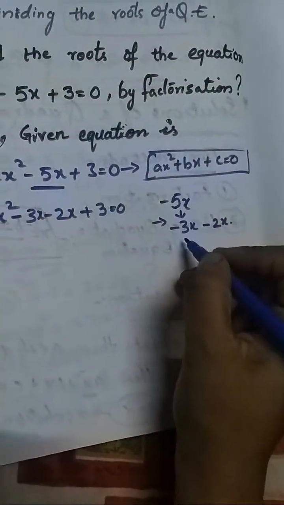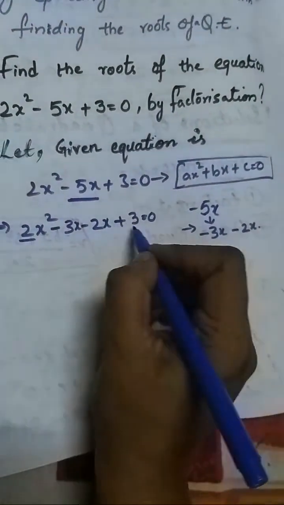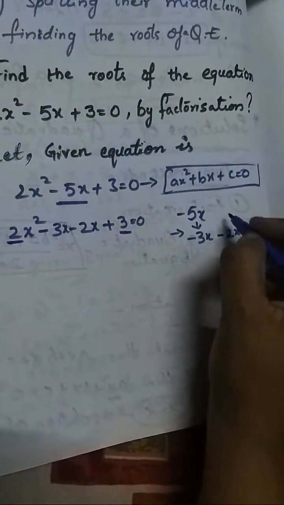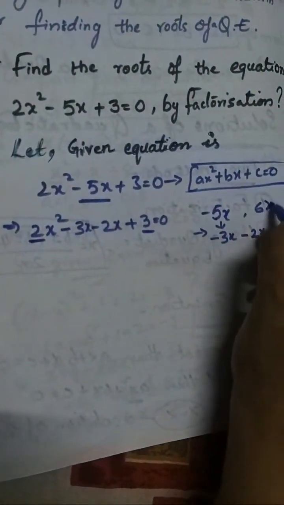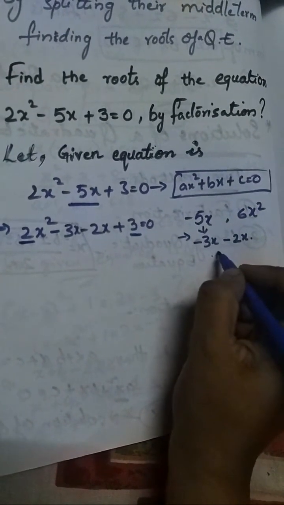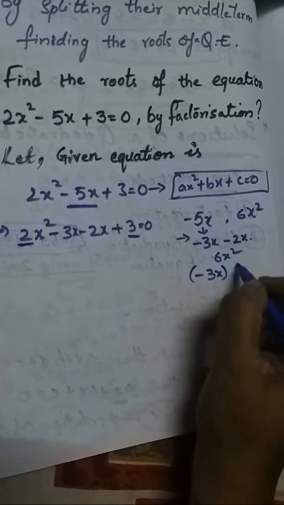And another point we have to observe: 2 into 3, first term and last term multiplying, we get 6x square here. So by multiplying these we have to get 6x square, that is 3x into 2x.